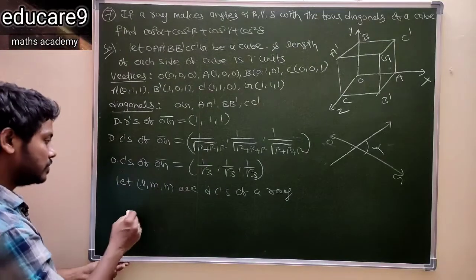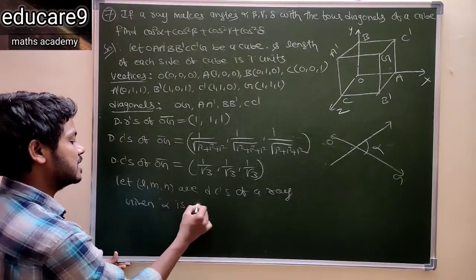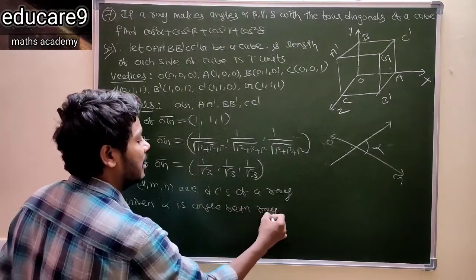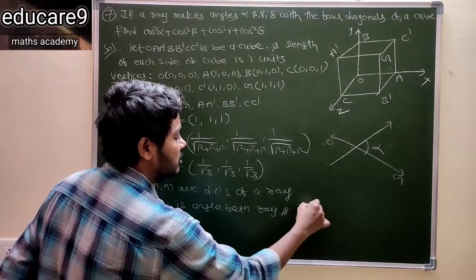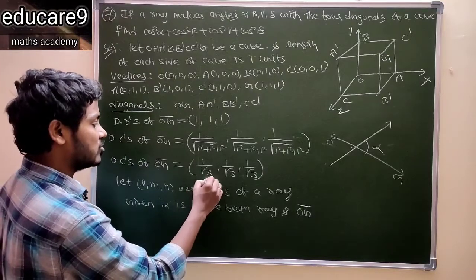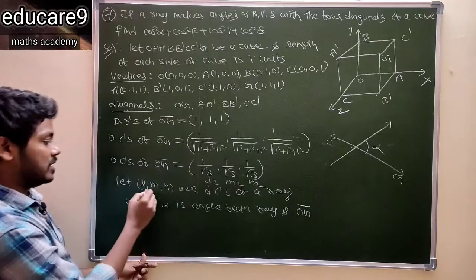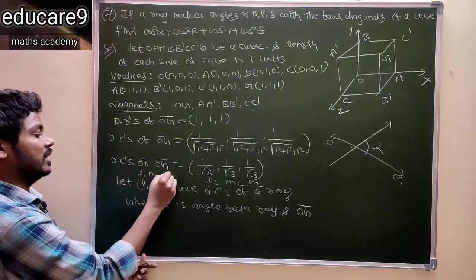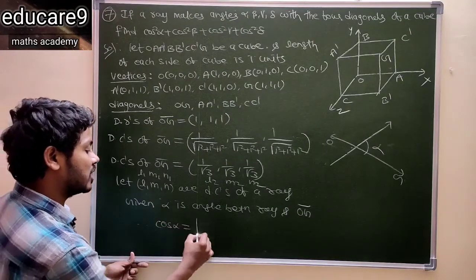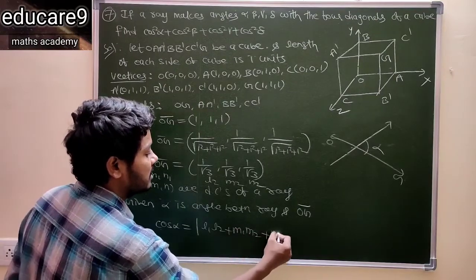See here, alpha is the angle between the ray and the OG diagonal. So clearly this is l2, m2, n2, and this is l1, m1, n1. Therefore cos alpha is equal to l1 l2 plus m1 m2 plus n1 n2.